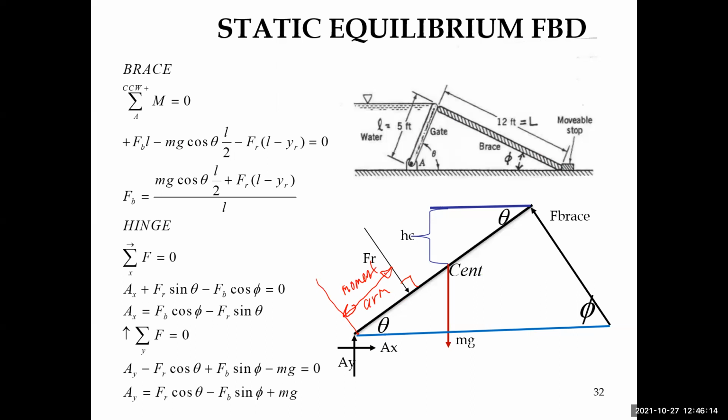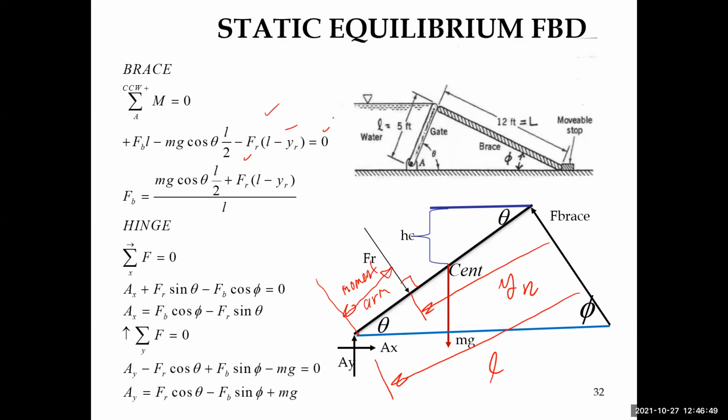So what is the value of the moment arm associated with F sub r? Well, I know that this distance here is equal to y sub r. And if this distance here is equal to L, then its moment arm would be L minus y sub r. And because it creates a clockwise rotation about point A, this is minus, and that's equal to 0.